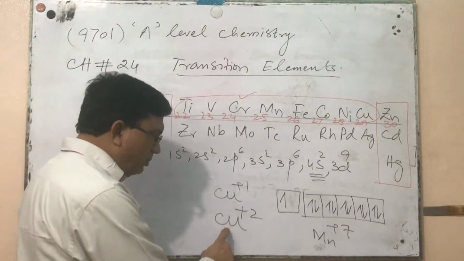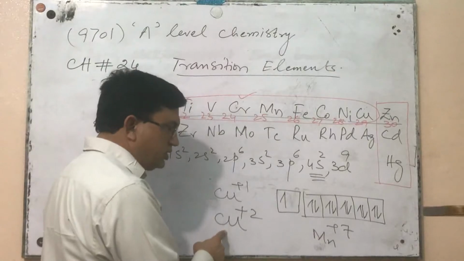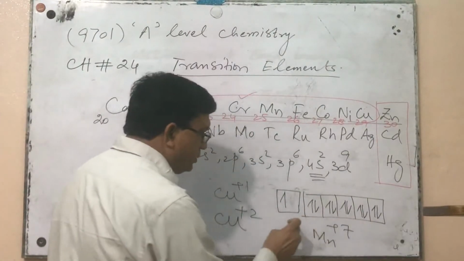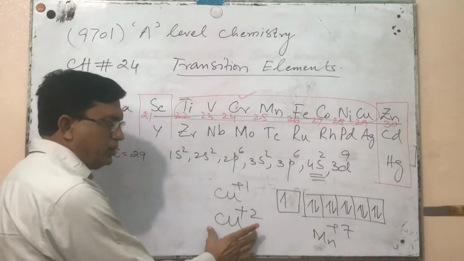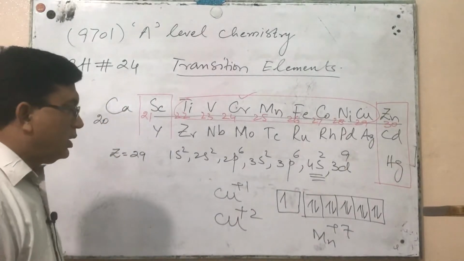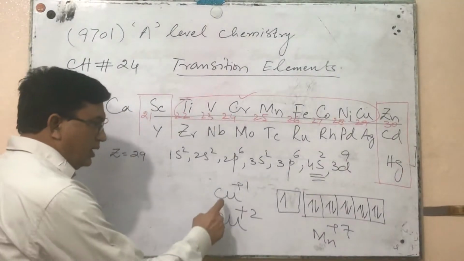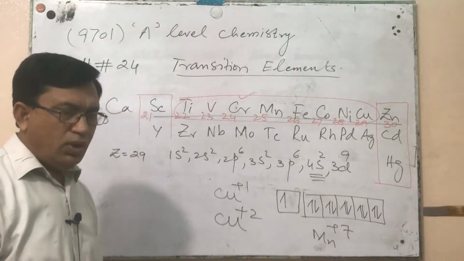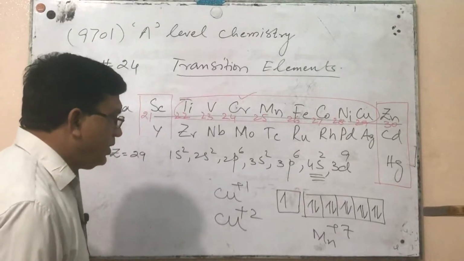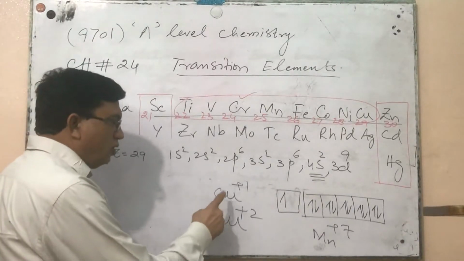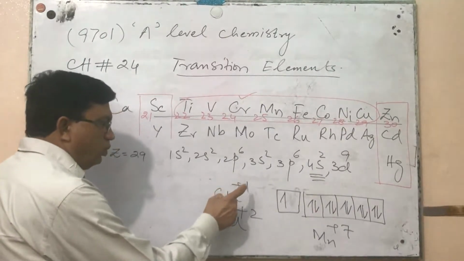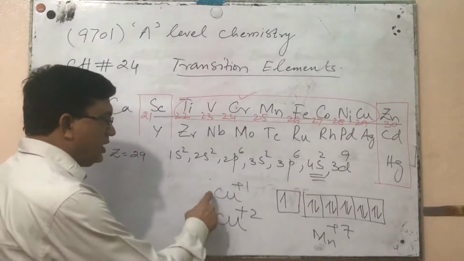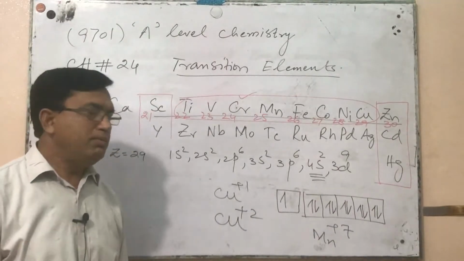But when copper attains the positive 2 oxidation state, there will be 9 electrons in the d orbital, it will become partially filled, and automatically the copper positive 2 ion will show different colored compounds. But if the compound copper 1 chloride is observed, no colored compound can form, which indicates that in the case of Cu positive 1 the d orbital is complete, that's why in that situation it becomes a non-typical metal.